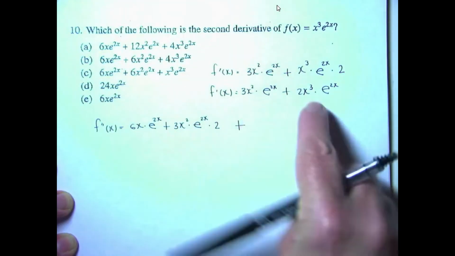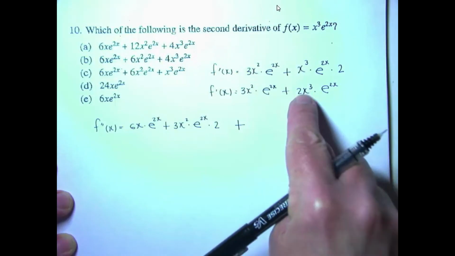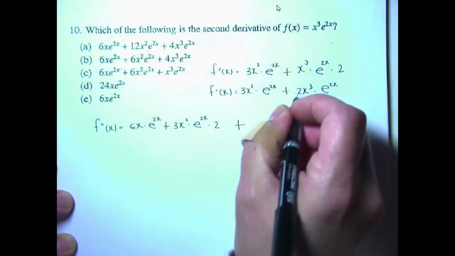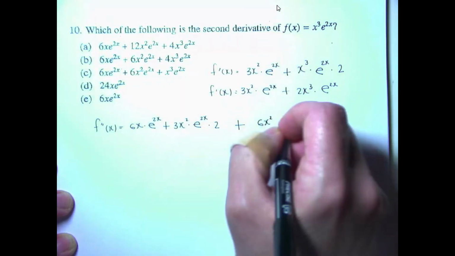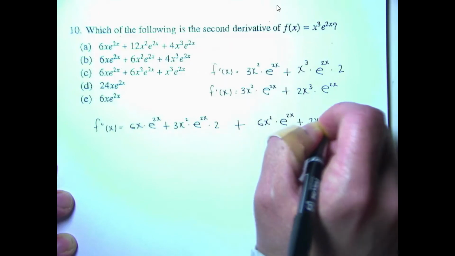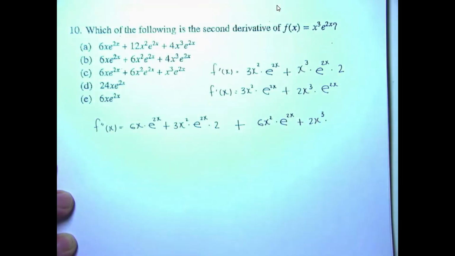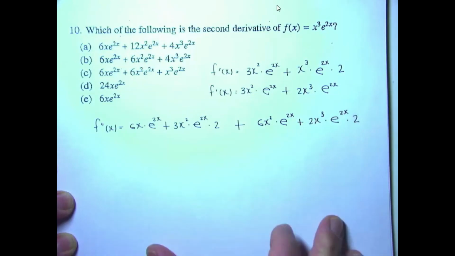All right, plus, now, derivative of this second component right here. Again, according to the product rule, derivative of the first, derivative of 2x cubed, is 6x squared, times the second, plus the first, 2x cubed, times derivative of the second, e to the 2x times 2.